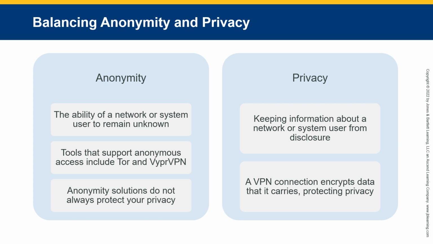One of the other things you're going to look at is anonymity versus privacy. What is anonymity? That is the ability of a network or a system to remain unknown. There are things out there that support anonymous access. These include Tor and Viper VPN. Anonymity solutions do not always protect your privacy.